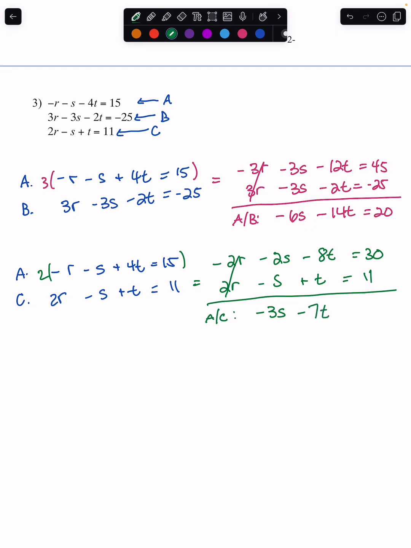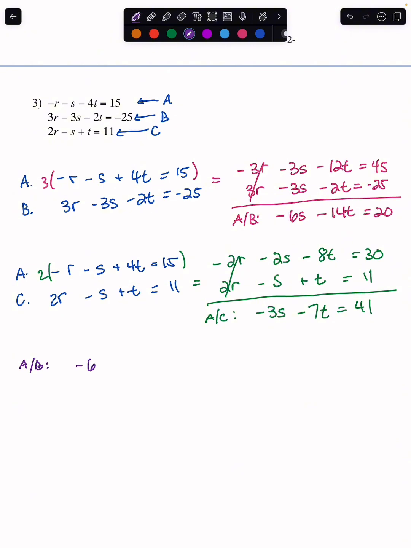Now that I got it down to 2 variables, I now need to go ahead and do some combining here. So line AB was negative 6s minus 14t equals 20.